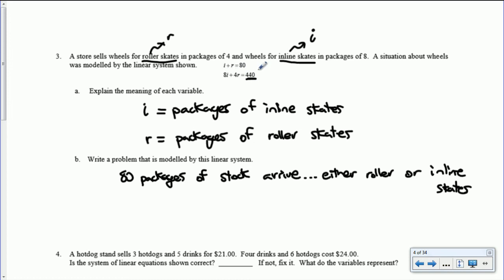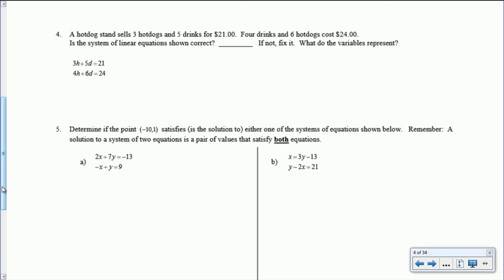The total number of wheels in the shipment, 440 wheels total in the shipment. And then we could also add the information that your inline skates come in packages of 8 and your roller skates come in packages of 4, and we can take this information and figure out how many packages of inline skates and how many packages of roller skates. Alright, moving on. Number 4.